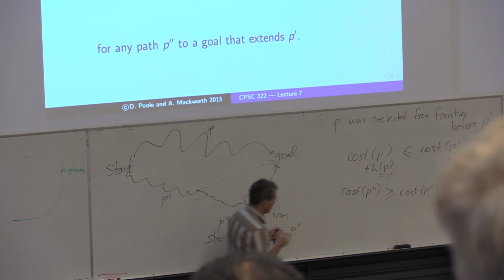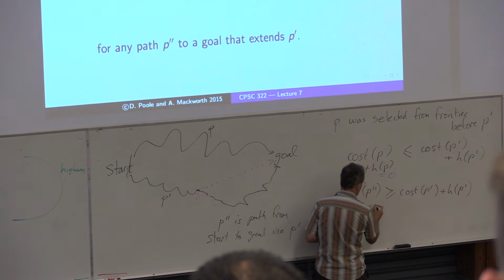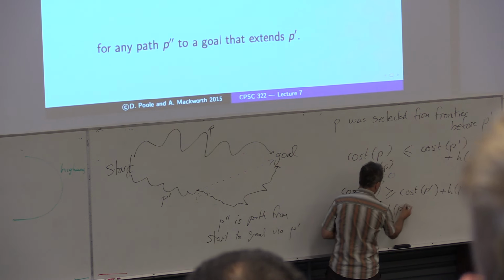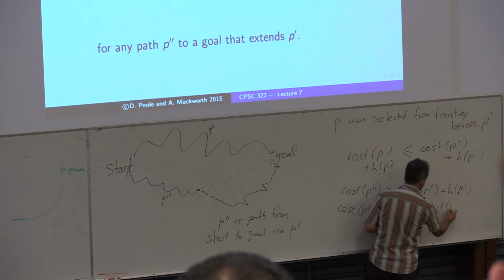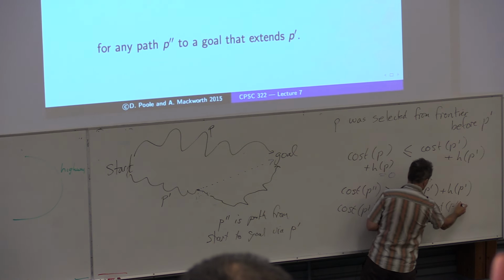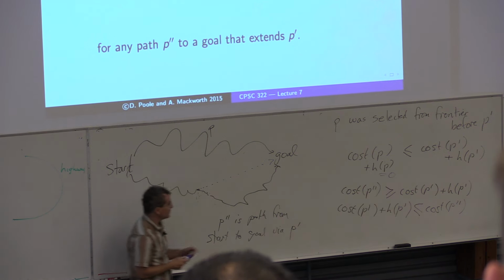Let's write it the other way around because it's easier. The cost of p prime plus h of p prime is less than or equal to the cost of p double prime. If I put these two together, what do I get?